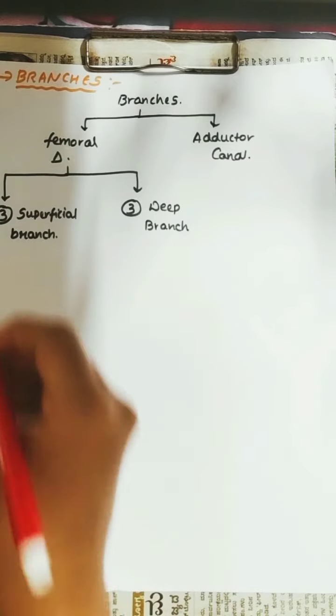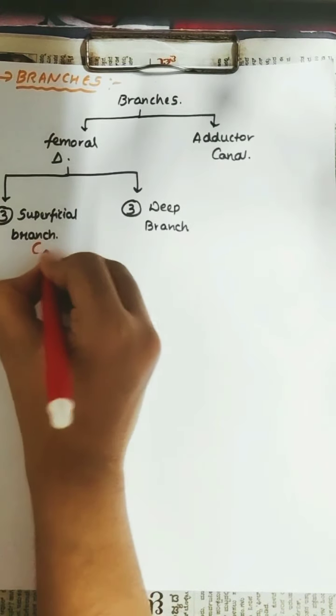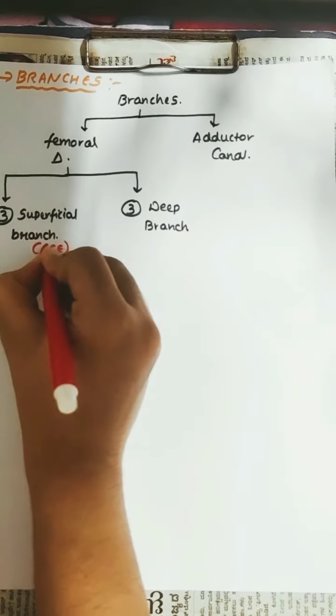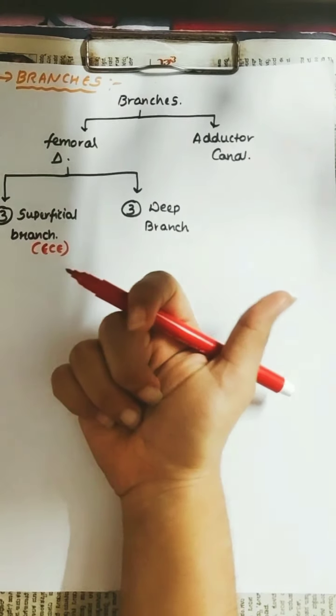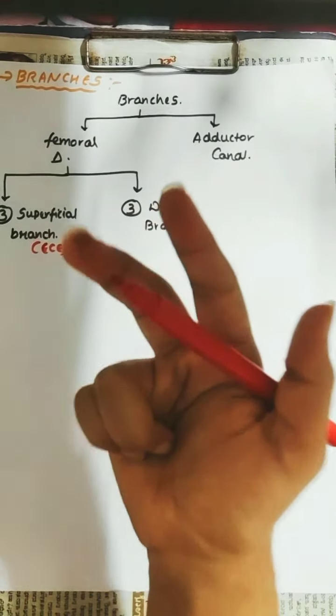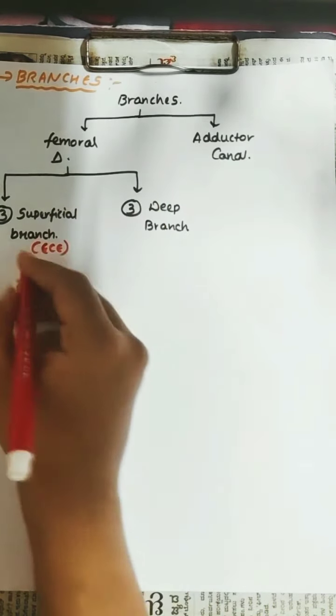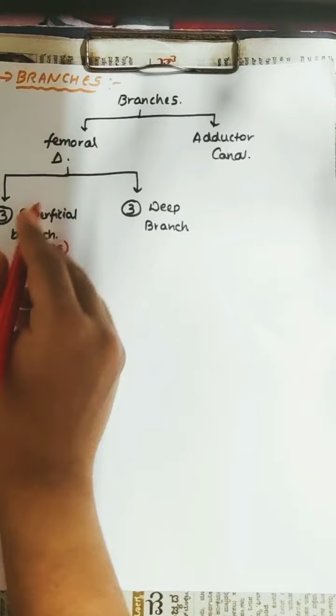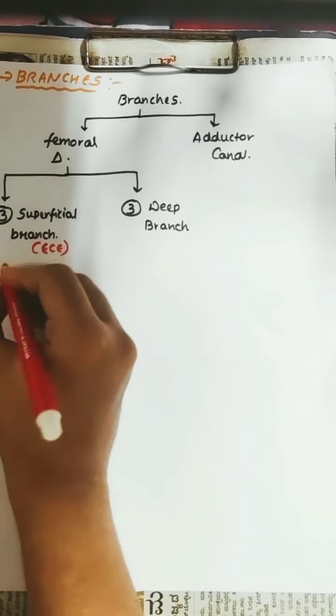So what are their names? You should be knowing that. Superficial epigastric artery, see this is ECE: superficial epigastric artery, superficial circumflex iliac artery, and finally the superficial external pudendal artery.